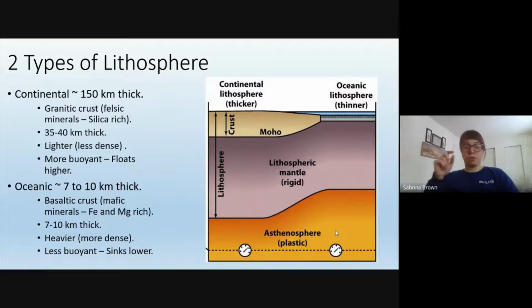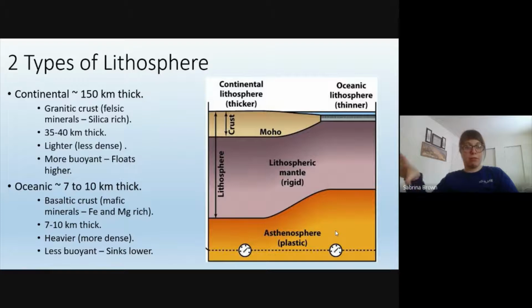Oceanic lithosphere's composition is more mafic, right? Has higher magnesium and iron in it, related to the provenance, right? Where the magma to form these pieces of lithosphere came from, right? The source for oceanic lithosphere is deeper in the mantle, right?